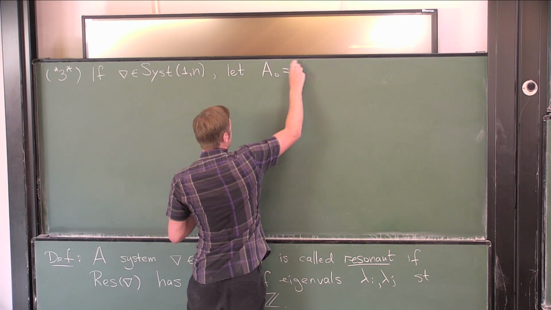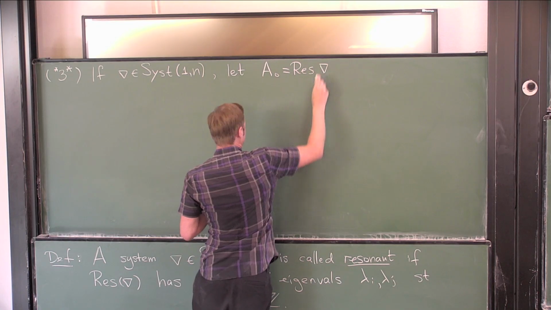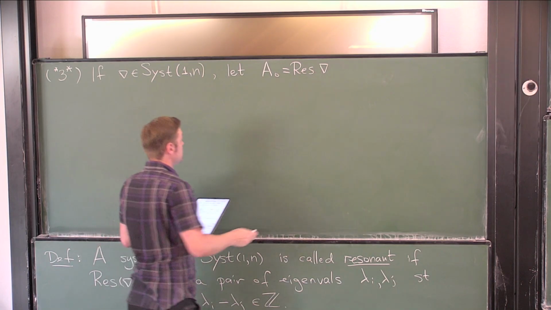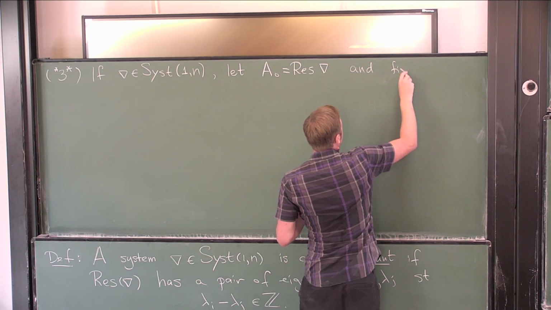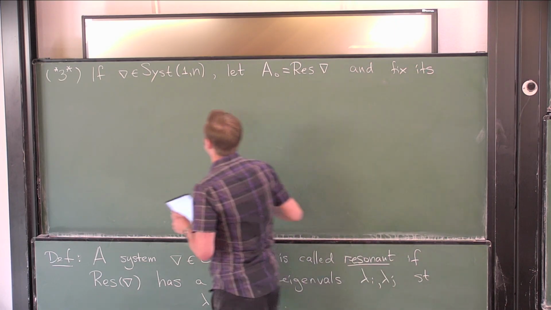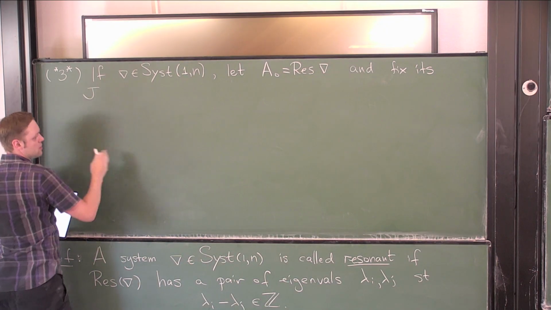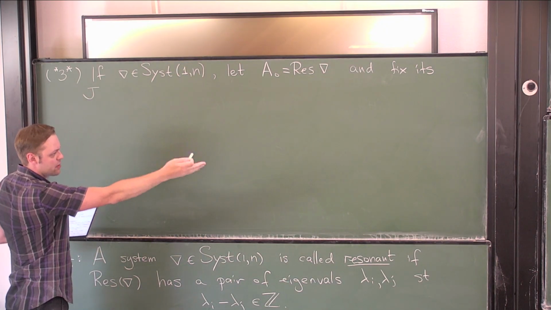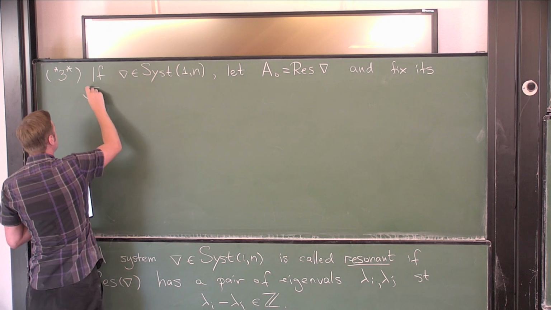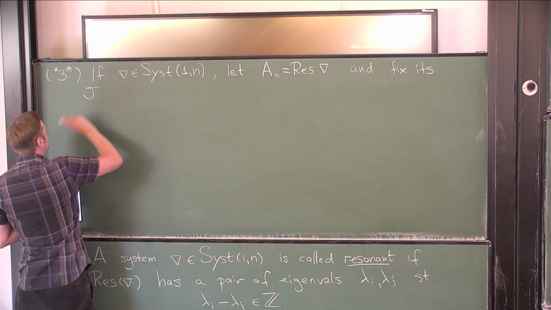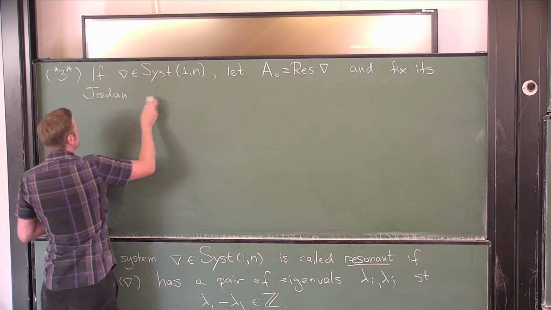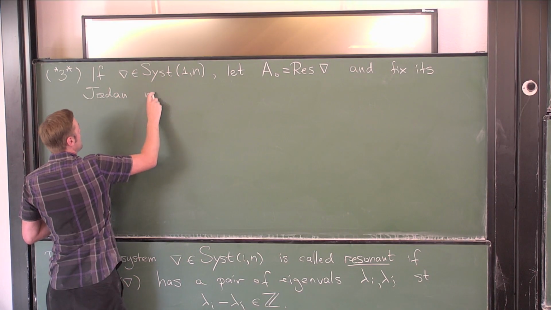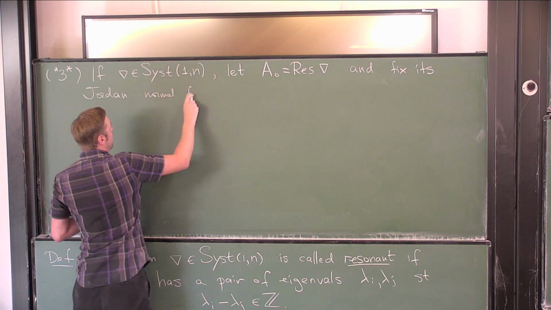As usual, you take the residue, and what you need to do is fix its Jordan normal form. That's similar to what we did, because I fixed the diagonal matrix, which is the diagonal matrix of the eigenvalues of the residue. So this part is no different, Jordan normal form.